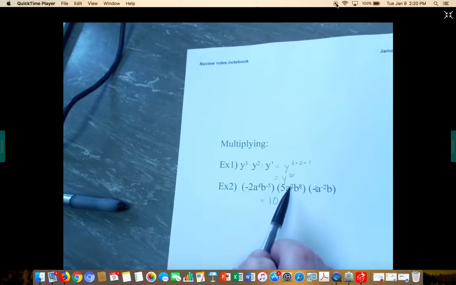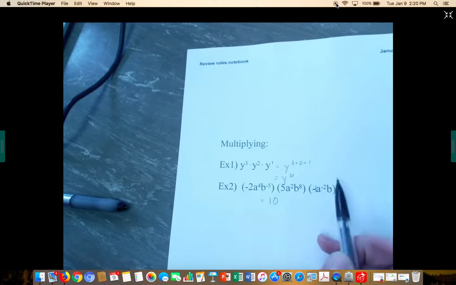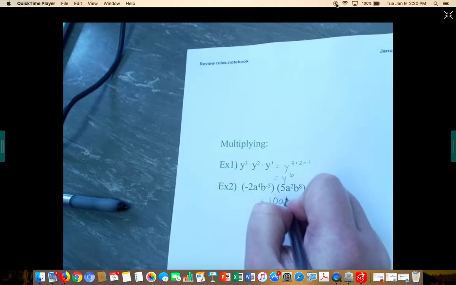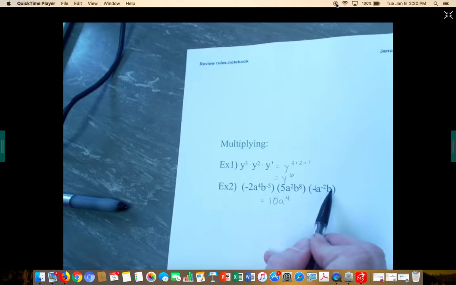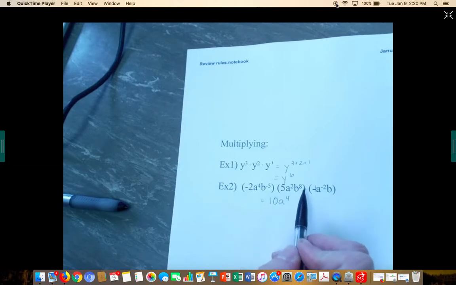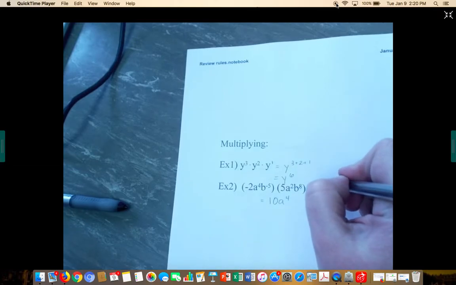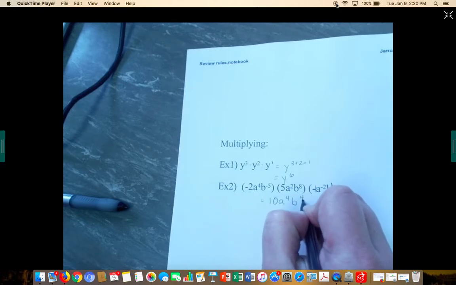So I have 4 plus 2, which is going to give me 6. And then subtract 2, which would give me a to the 4th. Then b, we're going to combine those. So I have a negative 5 plus 8 gives me 3. And then remember we have that 1 with the b. So we have b to the 4th.